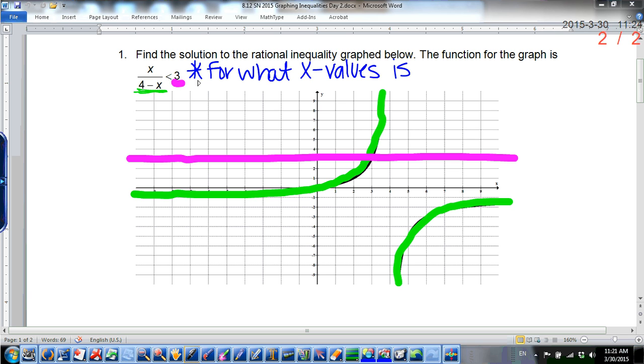So for what x values is my green graph less than, which translates to above or below. So for what x values is the green graph below the pink graph? That's what we're asking ourselves when we try and solve this.